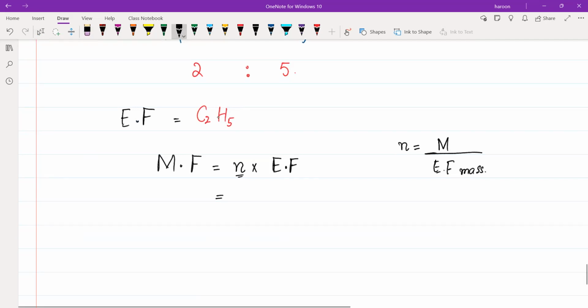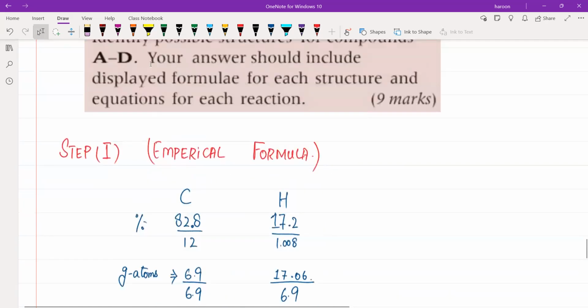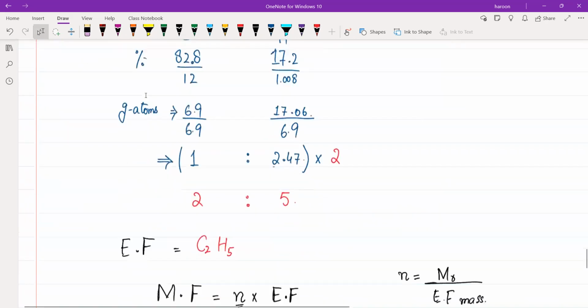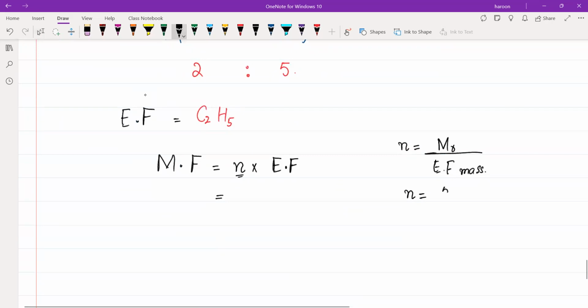The molecular mass of the compound is given in the question, which is 58, divided by the empirical formula mass of C2H5: carbon 12 times 2 is 24, plus 5, so 29. The empirical formula mass is equal to 29.